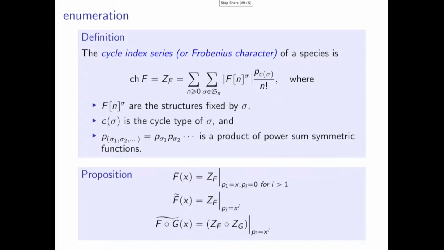But this symmetric function contains enough information to obtain the exponential generating function, to obtain the generating function of the f tilde species, and in particular also contains enough information to find out the number of isomorphism types of a composition.